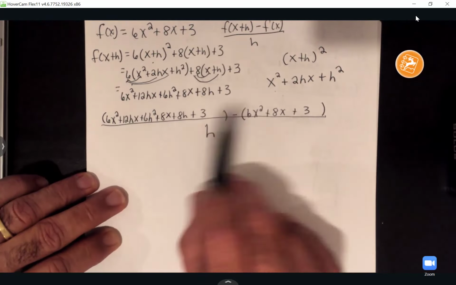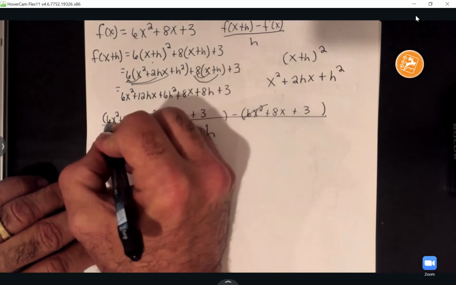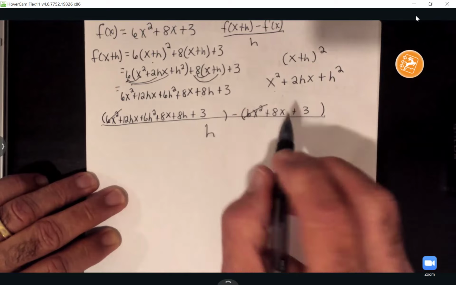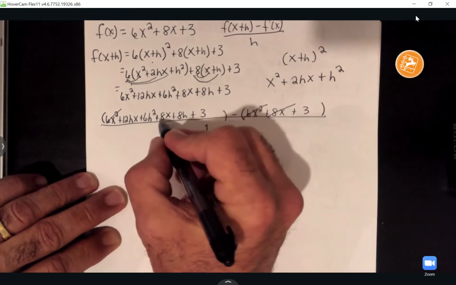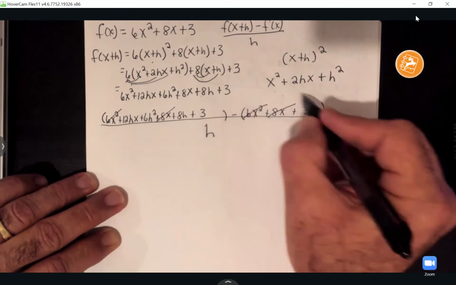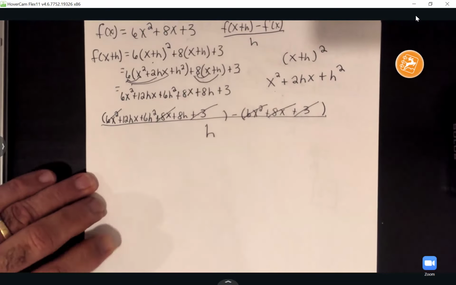So I'm just going to cancel out right here. This negative 6x squared cancels with that 6x squared. This negative 8x is going to cancel with that positive 8x. And then this negative 3 is going to cancel with this positive 3.